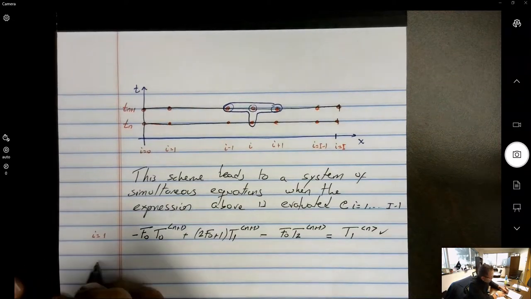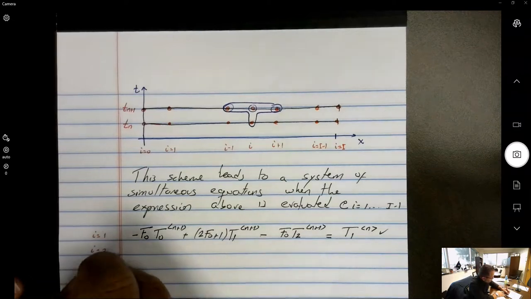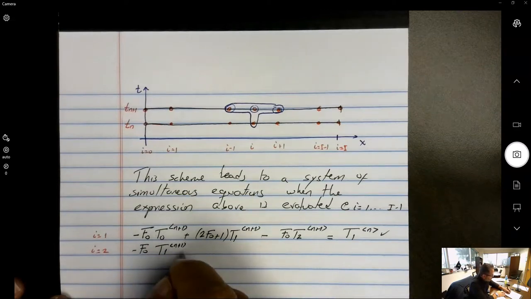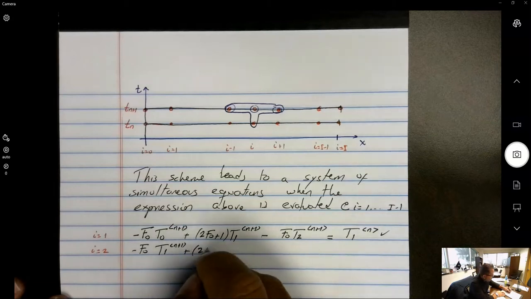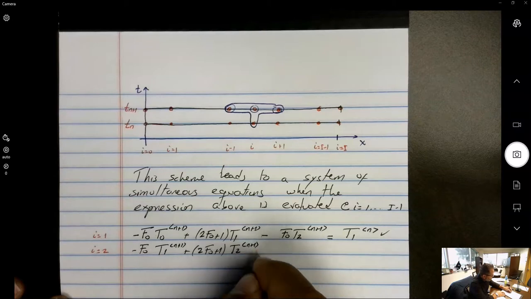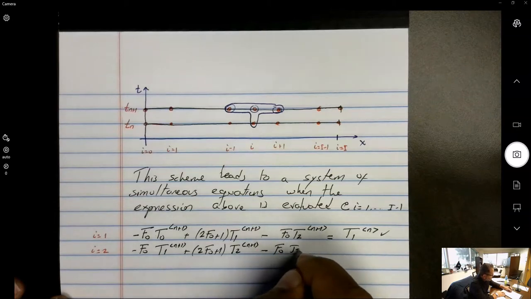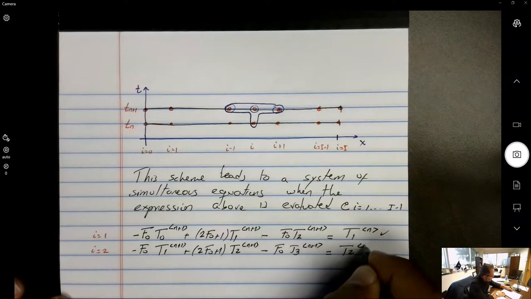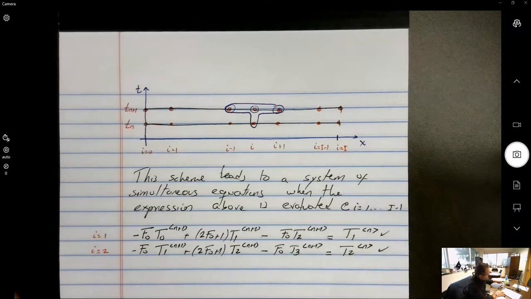So at I equal 2, we can do it right here. This will be minus f0 T1 at n plus 1 plus 2 f0 plus 1 T2 at n plus 1 minus f0 T3 at n plus 1, and that's equal to T2 at n, which we know.